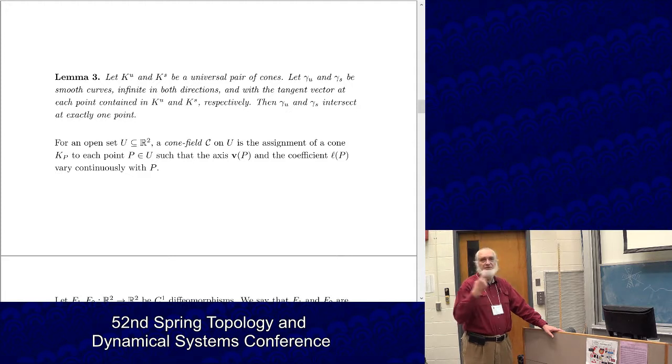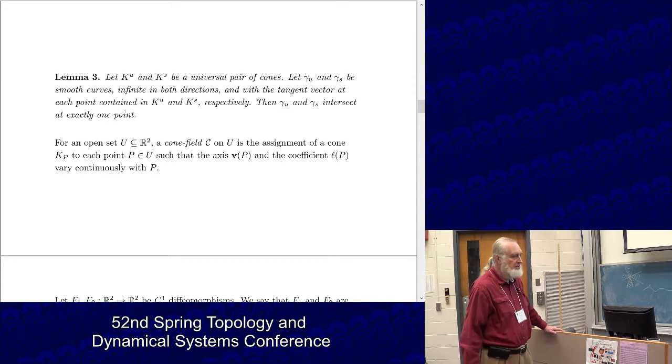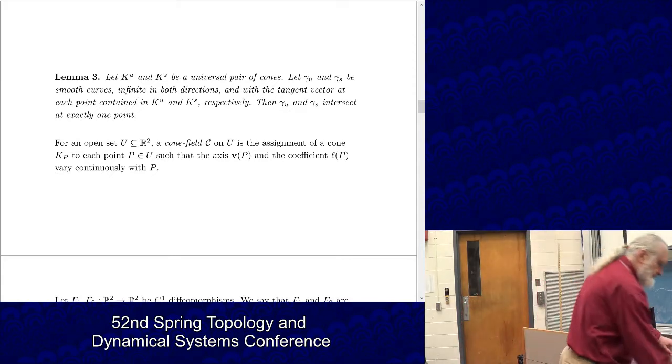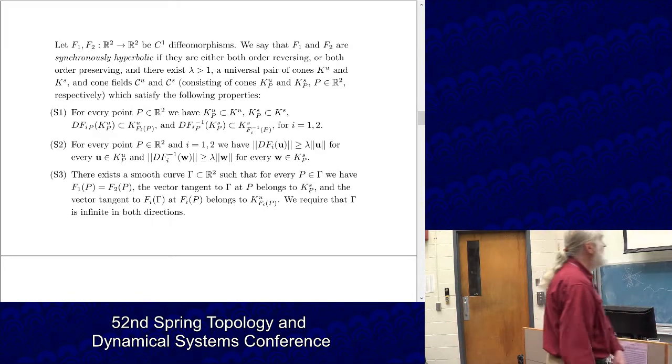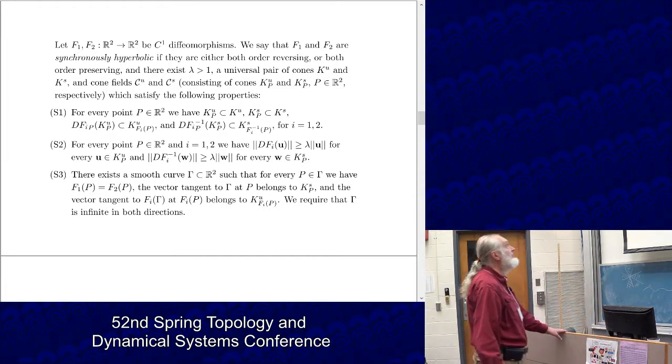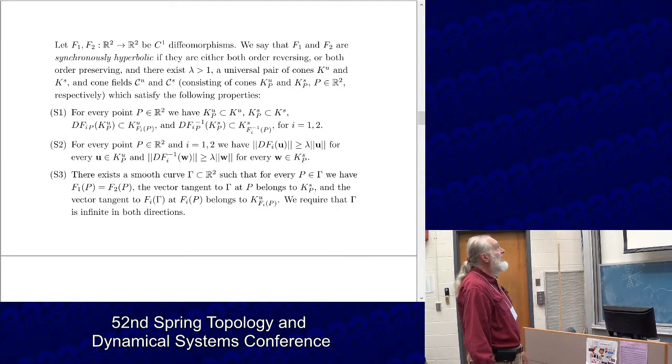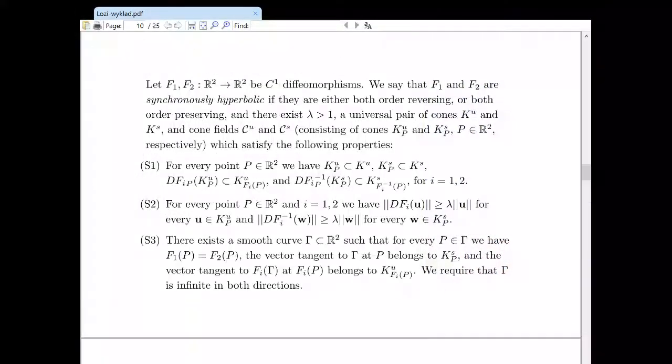We assume that those vectors and numbers vary continuously with the point. So this is a continuous cone field. And now we make some assumptions.